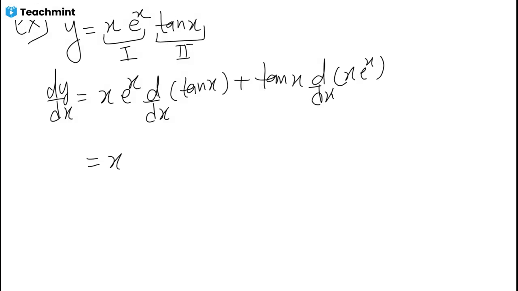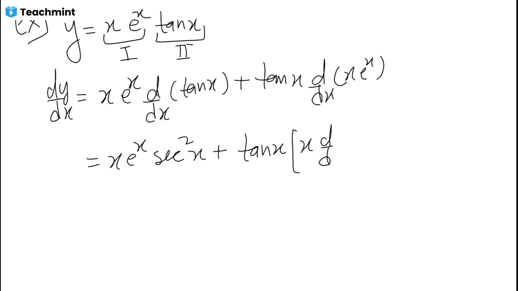So x into e to the power x and derivative of tan x is sec square x, plus tan x will keep as such, but inside we are using again the product rule for product of these two functions: first function into derivative of second function plus second function into derivative of first function. Are you getting this step?